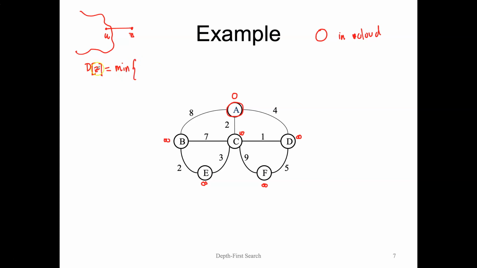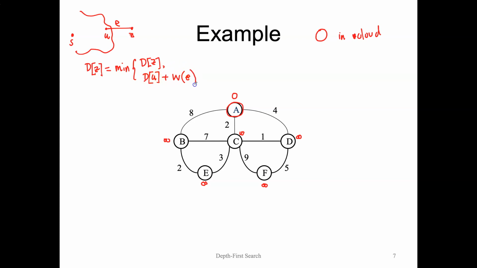This distance label is representing the best way that we had to get from whatever our starting vertex in the cloud was to this vertex Z. So either we don't go through vertex U, and we keep whatever shortest path we had before, in which case the length of that path, or the distance, was the distance label for Z. Or if we find an even better path that goes through U, then the length of that path would be however much it costs to get to U, which is the distance label of U, plus however much it costs to go from U to Z. So if this is edge E, then let's say this is the weight W of that edge E.